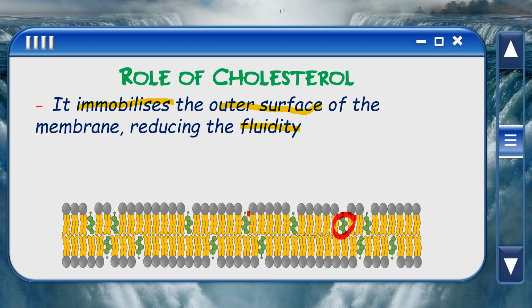And when it prevents those kinks, that means it is going to reduce the fluidity of the membrane.